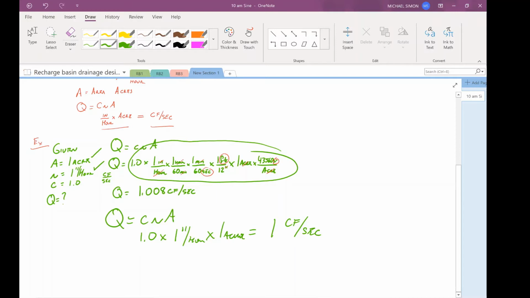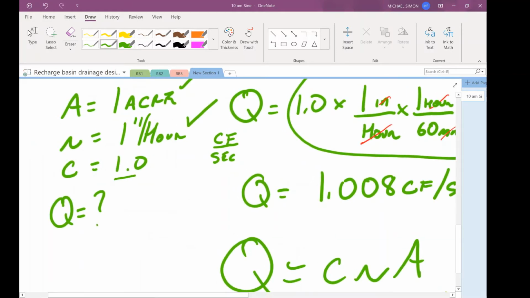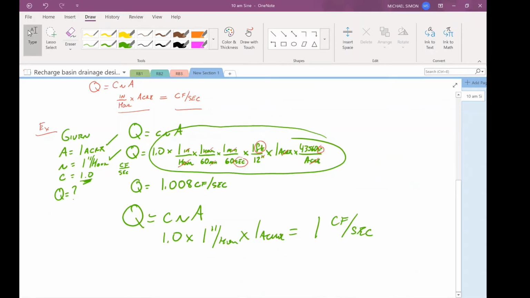That's a much better way of doing it. It's also the industry standard. In industry, we work with cubic feet per second coming out of an inch per hour and an acre, and that small amount of water that's lost through the rounding differences, it's not a big deal because this C value is a guess. It's an estimate. Guessing sounds like we don't know what we're doing. It's an estimate, but it's not perfect.